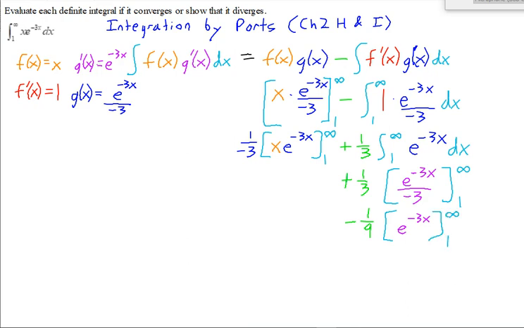So now it's just a matter of evaluating. We can substitute infinity into this one, so we have negative 1/3 on the outside. And then we've got infinity here for the x times e to the negative 3 infinity, minus, substitute 1 for x and then e to the negative 3.